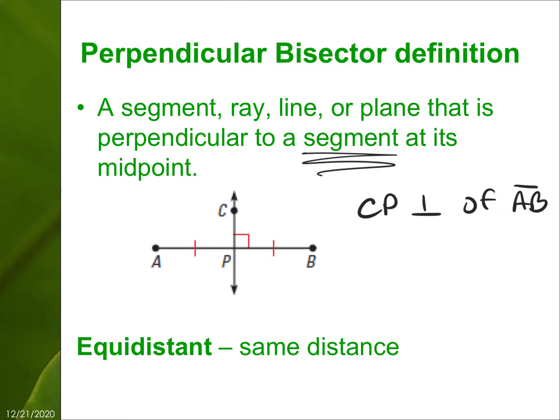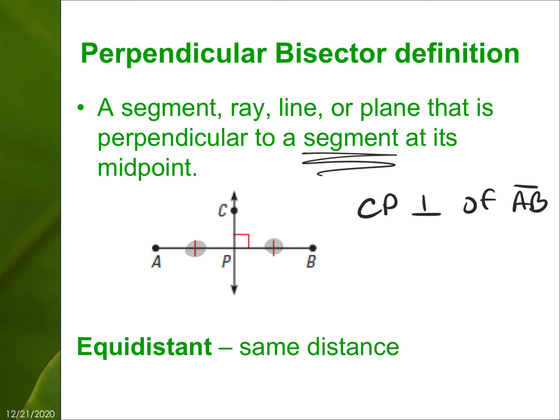And again, what you can be looking for when you're looking at a diagram to tell if it's a perpendicular bisector or not is it needs to have the right angle, and then you would need to look for the two congruency marks on either side of that perpendicular bisector because it's going to split it into two congruent pieces.